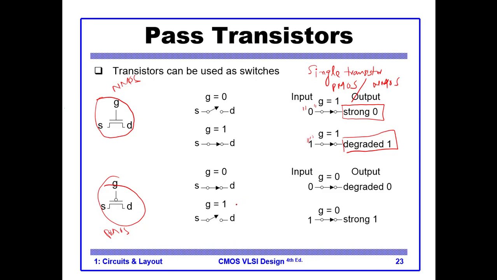Similarly, for PMOS, if the gate is 0, it is closed. So you see, both of these cases are for closed. When the input is 0, a degraded 0 is passed because it is a PMOS, and when the input is 1, a strong 1 is passed.